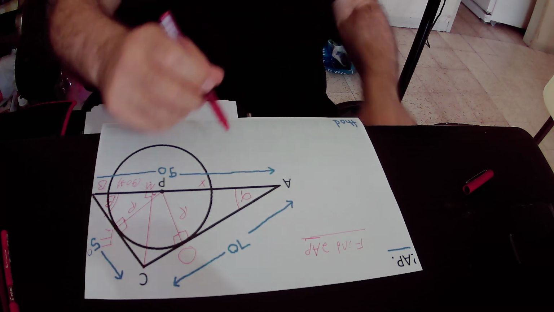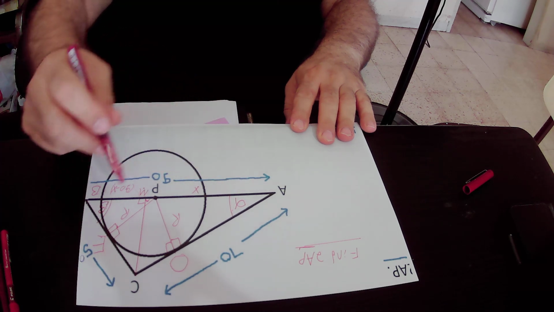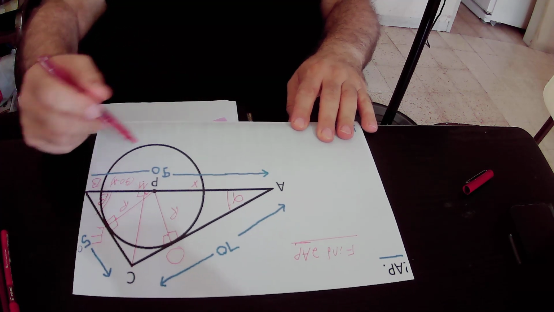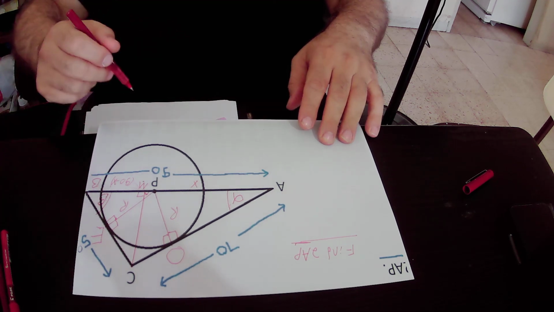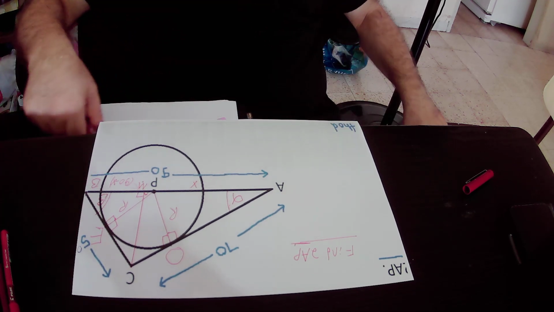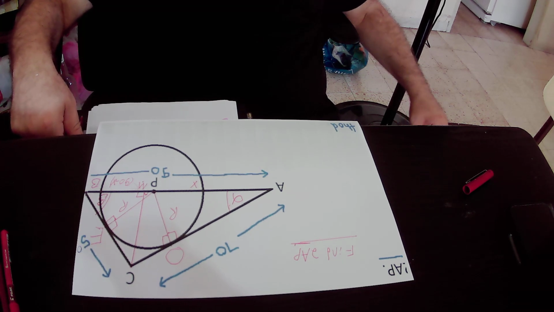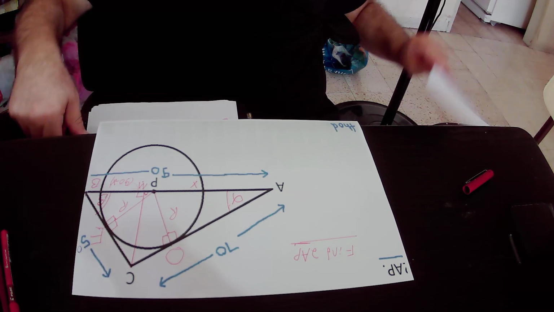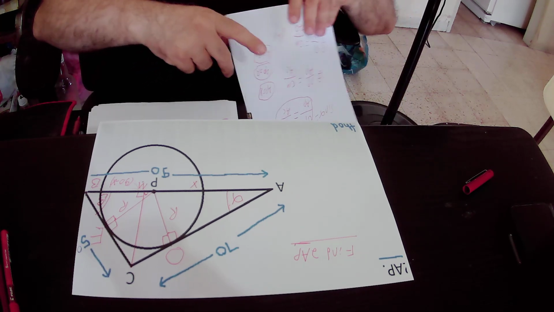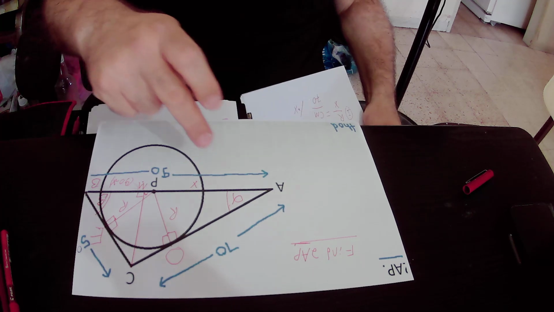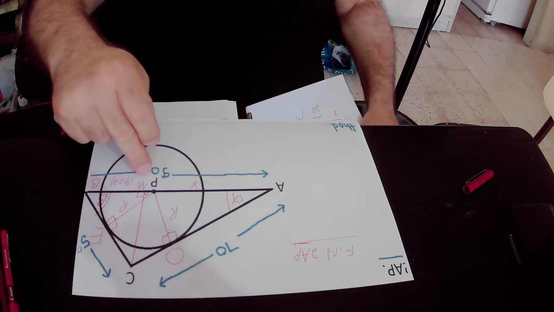So, we defined angle BAC as alpha and angle ABC as beta, and then we focused on two right triangles, triangle AOP and triangle ACM.